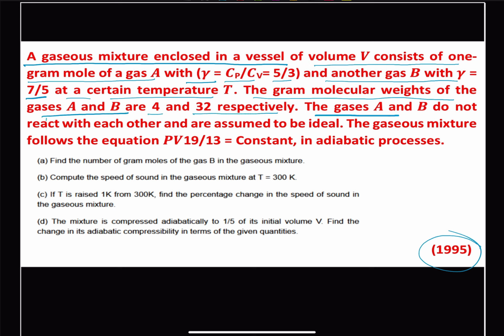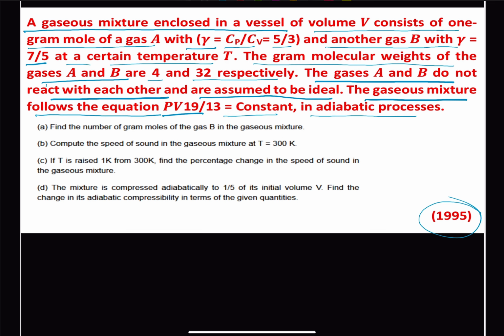Gases A and B do not react with each other and are assumed to be ideal. The gaseous mixture follows the equation PV^(19/13) equals constant in an adiabatic process. So based on this, we have to calculate 4 things.